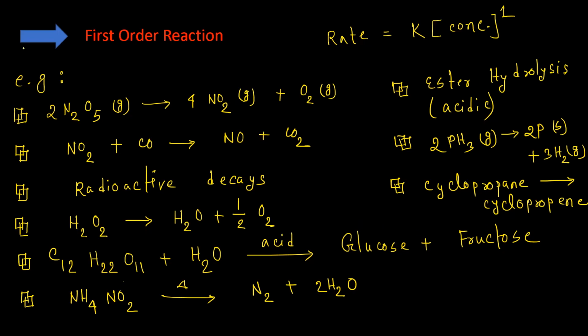Now, we will derive some expressions for first order reaction. Let's take a reaction A gives us products. At the starting of reaction, the initial concentration of reactant A is small a and the concentration of products is zero.